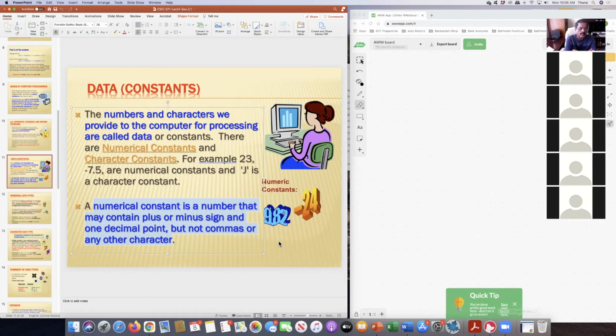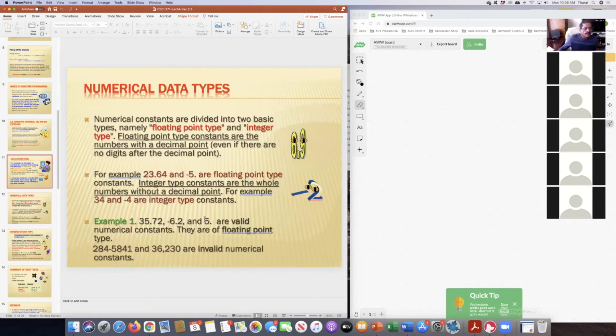Other characters we sometimes use are commas. When the number is very large, we use commas to separate some digits, and those commas are not allowed in the data that you're using in a computer program. So the only characters allowed are plus or minus in the front and a decimal point. You have to remember that.